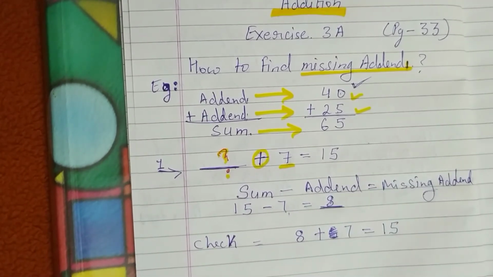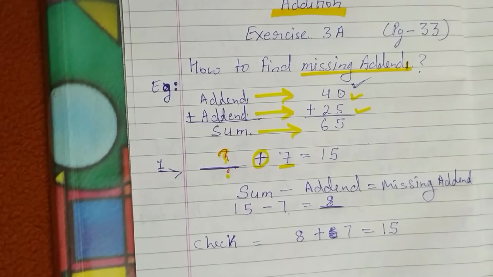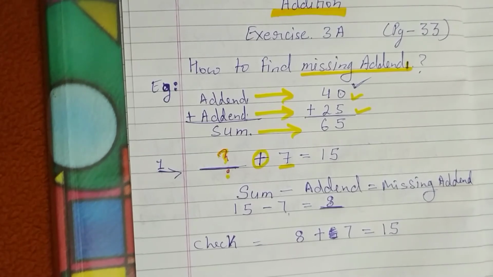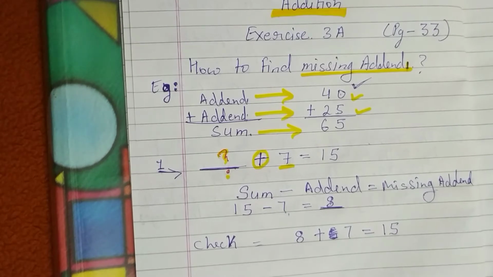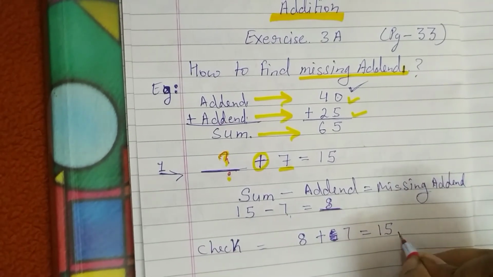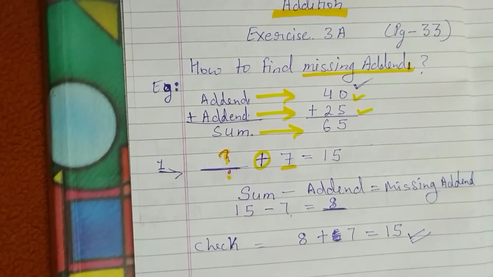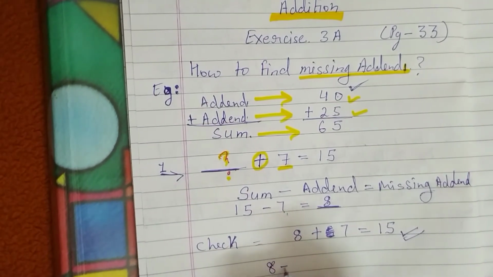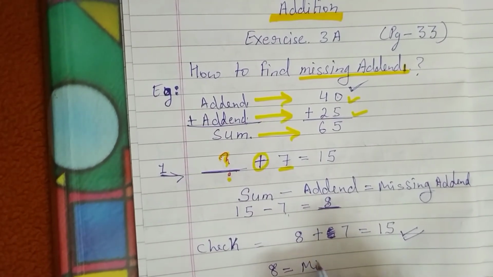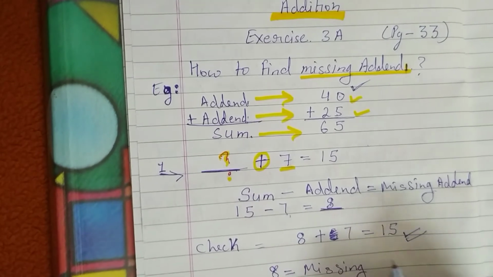Let's count. 7 plus 8: 1, 2, 3, 4, 5, 6, 7 plus 8: 1, 2, 3, 4, 5, 6, 7, 8. We got 15. So 8 is our missing addend.